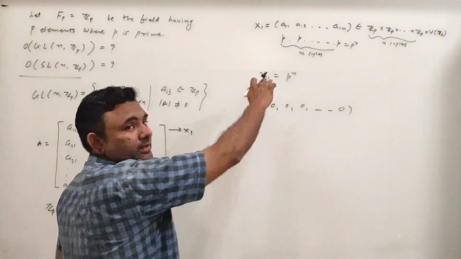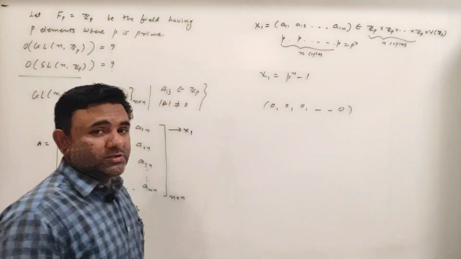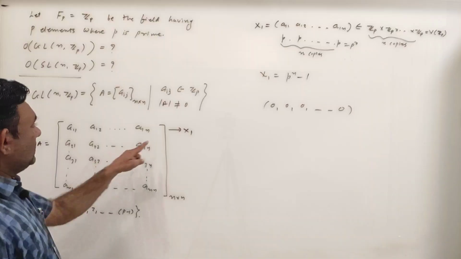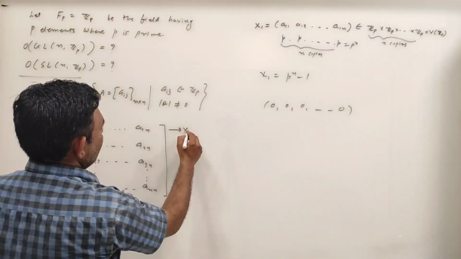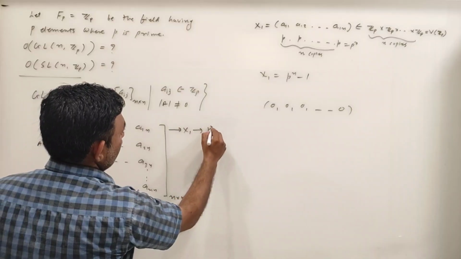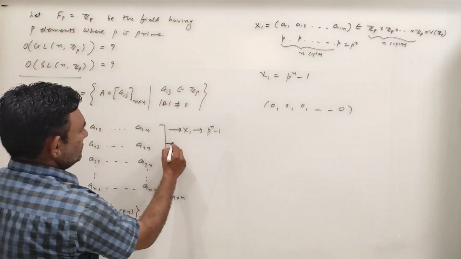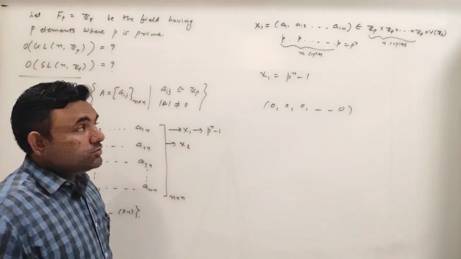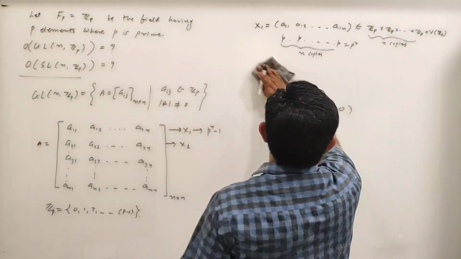So among these p raised to n choices, you remove this one choice, giving p raised to n minus 1 choices. So x1 has p raised to n minus 1 choices. Now this is my x2. How many choices does x2 have? Let us see.